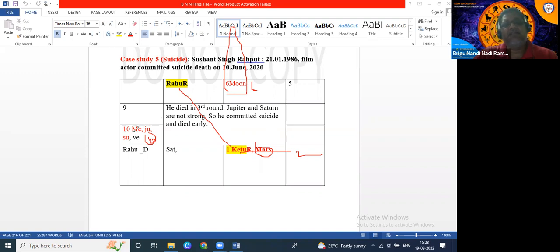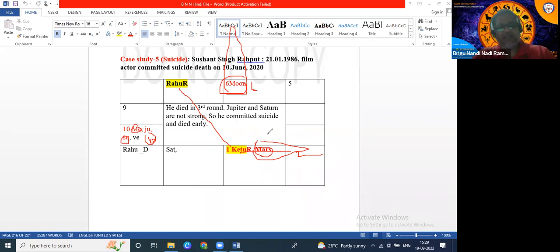All four planets we have discussed, Mercury, Sun, Moon and Mars, are afflicted by Rahu Ketu here, and at the same time Moon and Mars are outside the Rahu Ketu family circle.